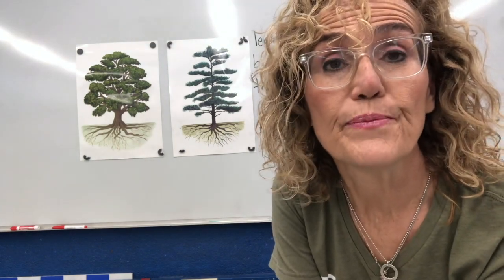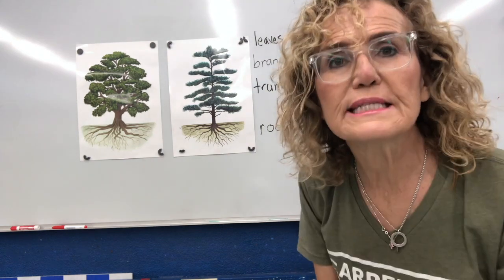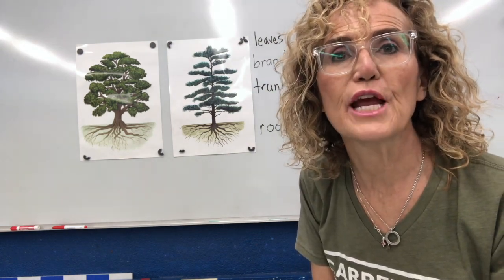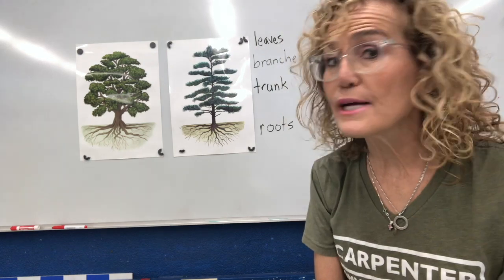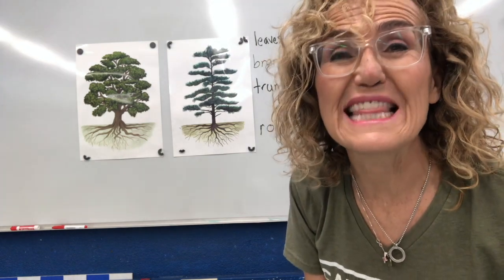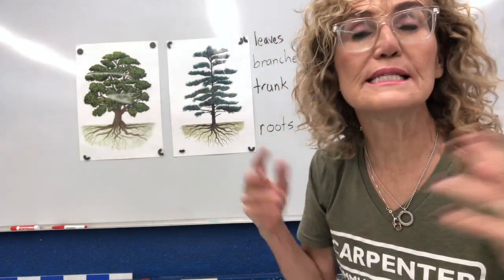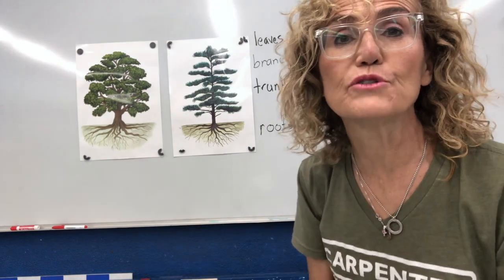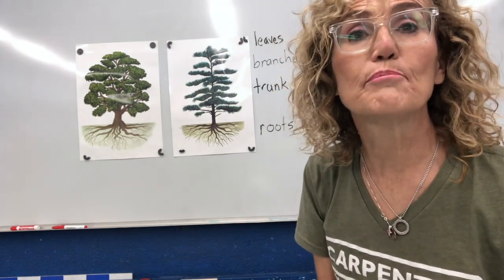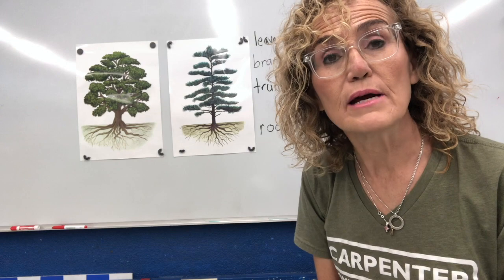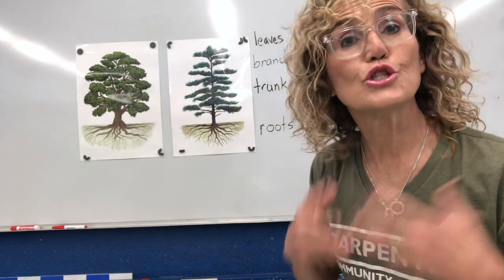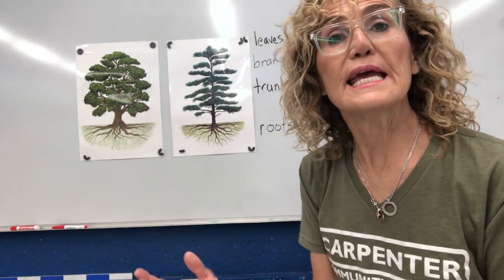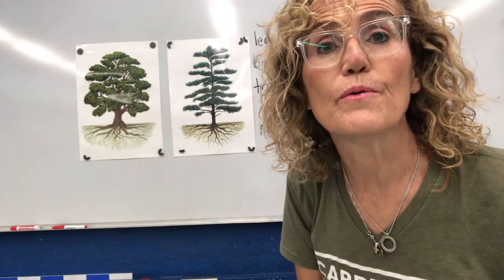Now, boys and girls, one of the interesting things about leaves and how they change color, those colors are always there. Even when this tree is green and the leaves are green, the yellow and the brown colors are always there. But because the green is so bright, it covers up the yellow.